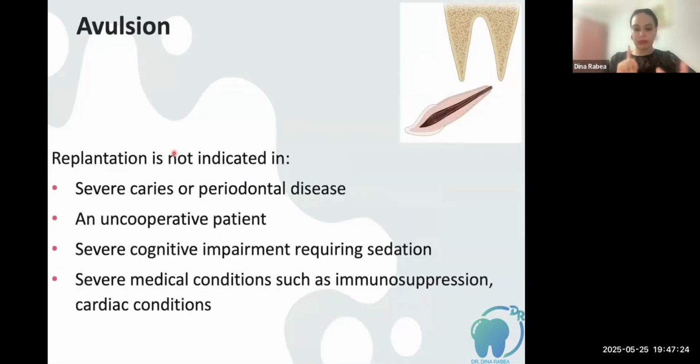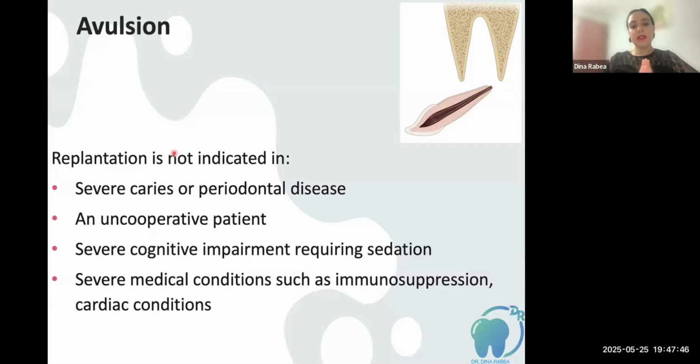So, extrusion, lateral luxation, intrusion. Now we get to the most severe luxation injury, which is avulsion. In avulsion, the best and the only treatment we have for a permanent tooth, with all kinds of scenarios and all kinds of expected prognosis, is reimplantation.